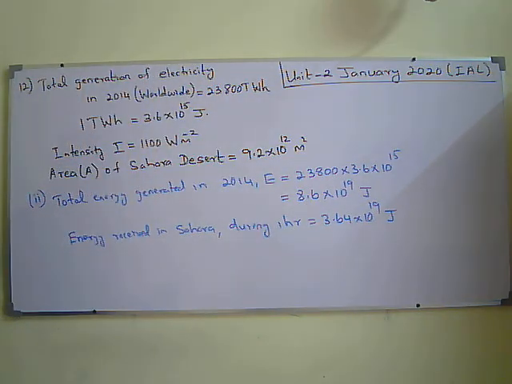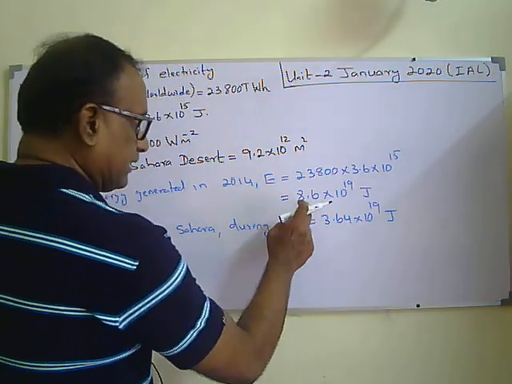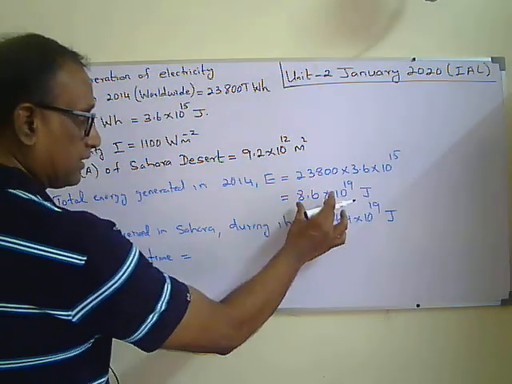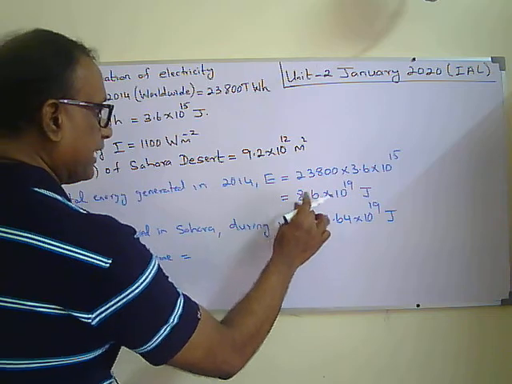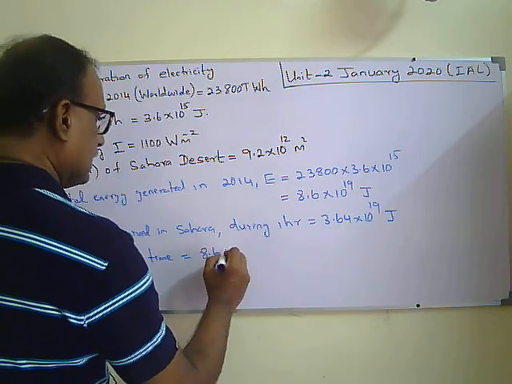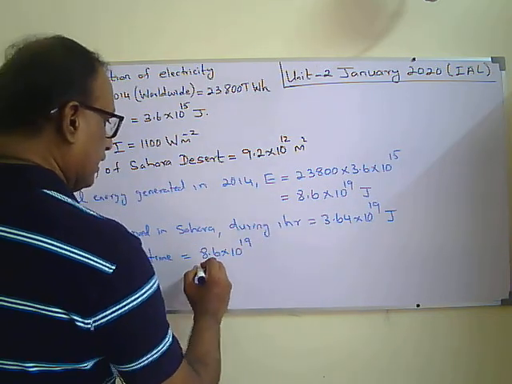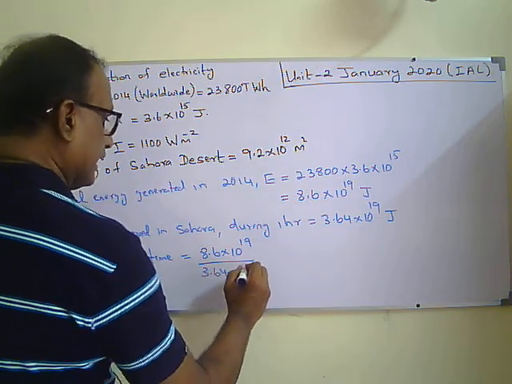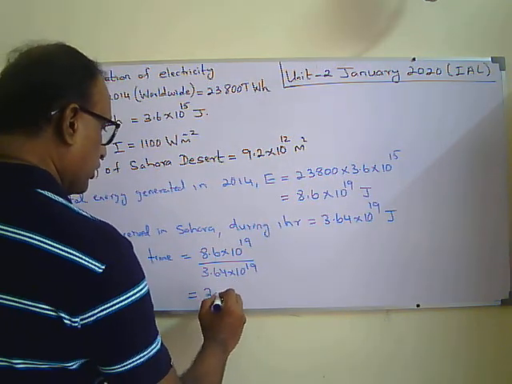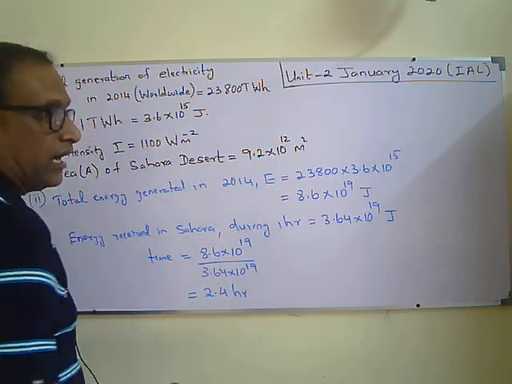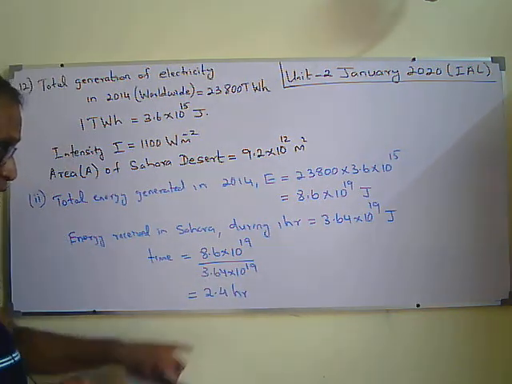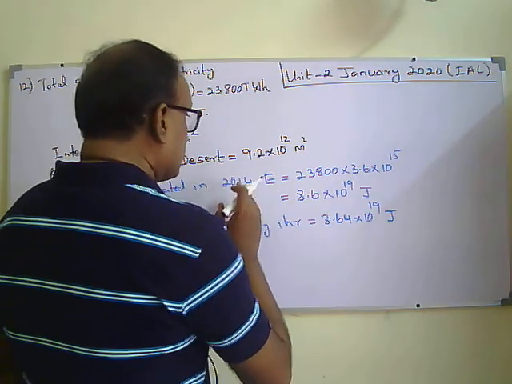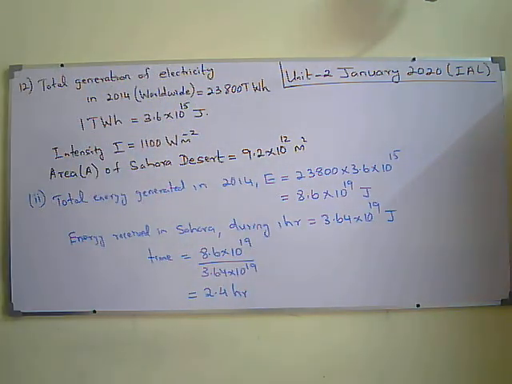Okay, so how long do we need to generate this amount of energy? So for the time required, we divide 8.6 times 10 to the power 19 by 3.64 times 10 to the power 19, which is almost 2.4 hours. So that means during 2.4 hours, we can generate the total amount of energy generated during 2014.